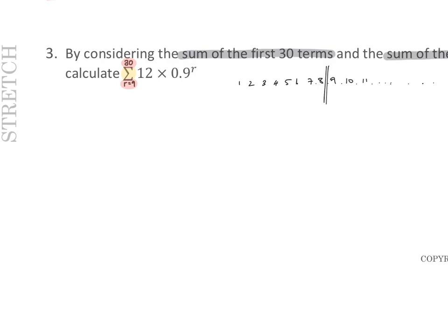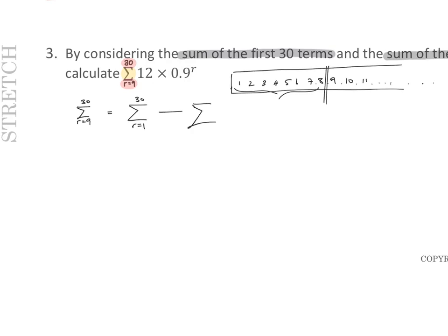Now what that therefore means is that the sum from 9 to 30 equals the sum from 1 to 30, so that's the whole sequence, minus these terms here, so minus the sum from 1 to 8.